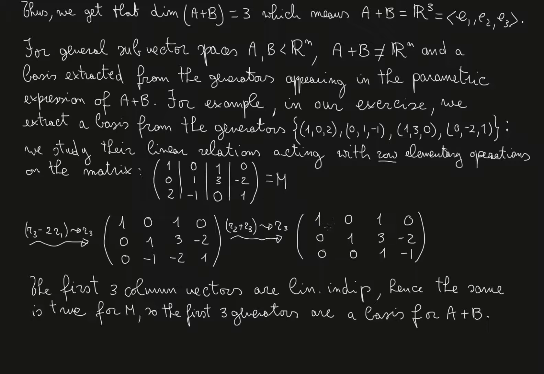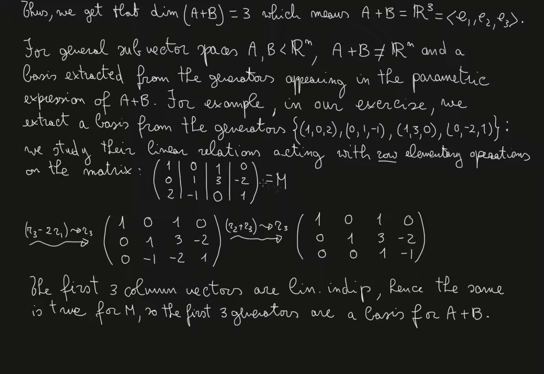So now what we see here is that the first 3 vectors are linearly independent because they constitute an upper triangular matrix, and the elements along the diagonal are all different from 0. So the first 3 vectors are linearly independent, and therefore we conclude that the fourth vector is a linear combination of the first 3.